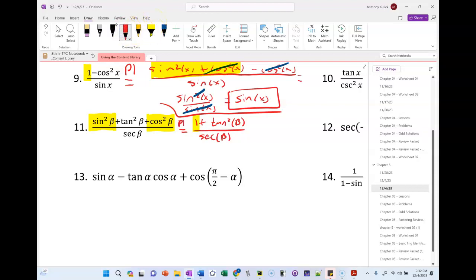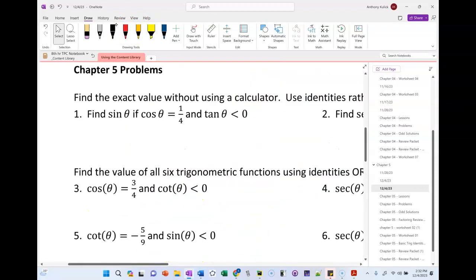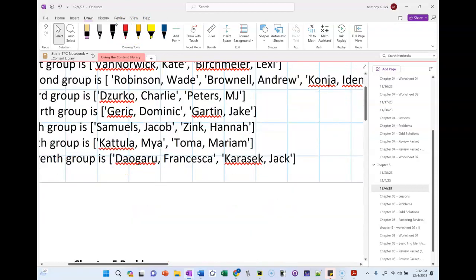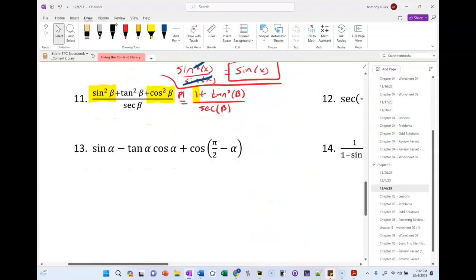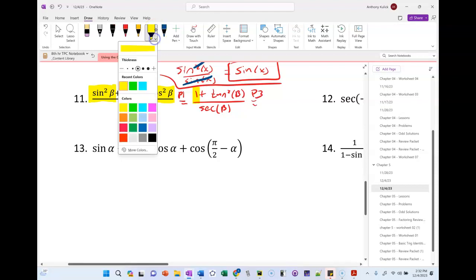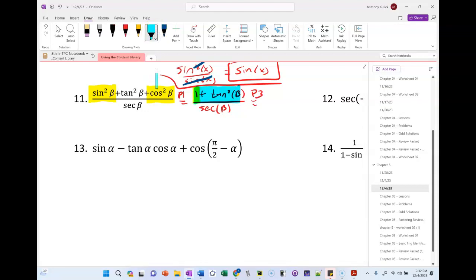Okay. After you guys is Francesca and Jack. What do you guys see to do there? Awesome. Yes, absolutely. We see right away that 1 plus tangent squared is secant squared.